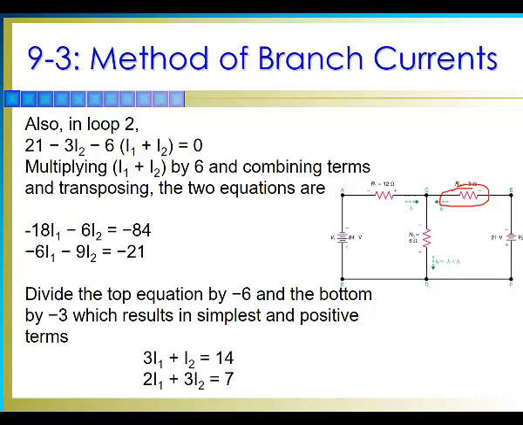So when we simplify this and distribute this negative 6 in the parenthesis, in other words multiplying the 6 times I1 and I2, we simplify this equation to negative 6I1 minus 9I2 equals negative 21.